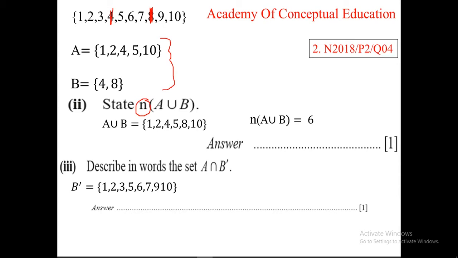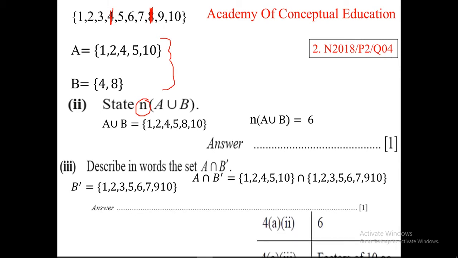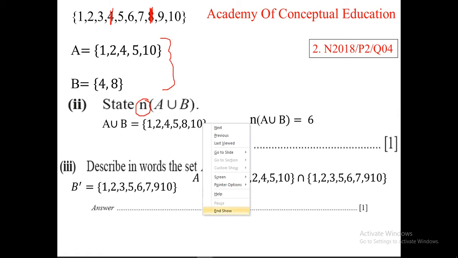Intersection A. Intersection A means now we have to write all the common elements. Set A is 1, 2, 4, 5, 10. Set B complement is 1, 2, 3, 5, 6, 7, 9 and 10. So for the final answer, just write the common elements.